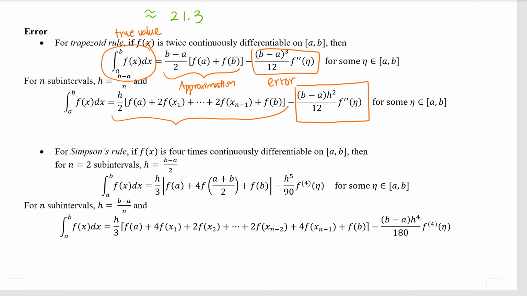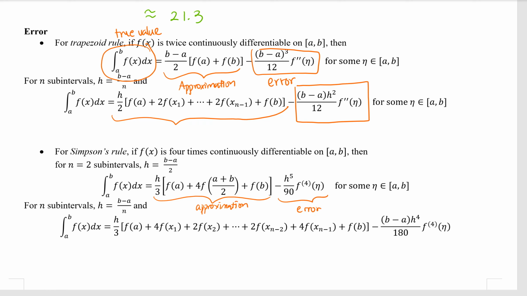So for Simpson's rule, we require the function to be four times continuously differentiable. It means we require the fourth derivative of f to exist. If n equals 2 subintervals, this is the approximation and this is the error.